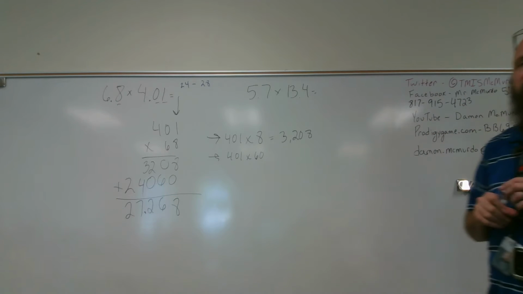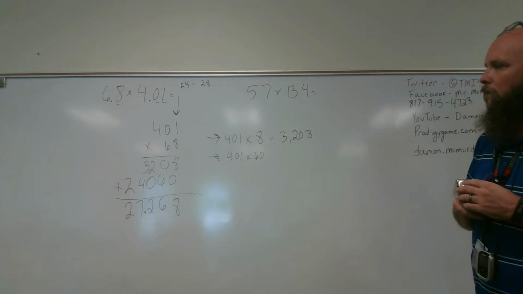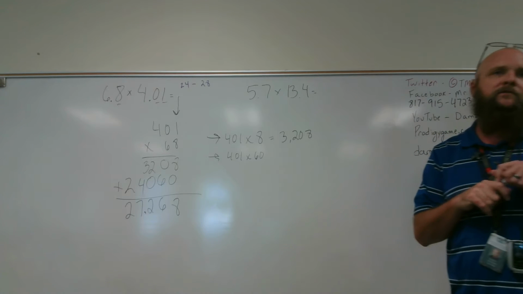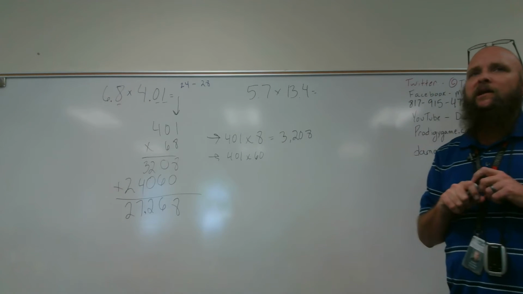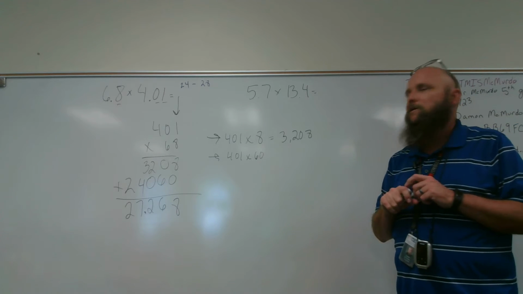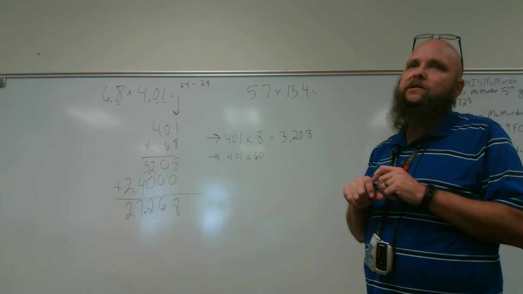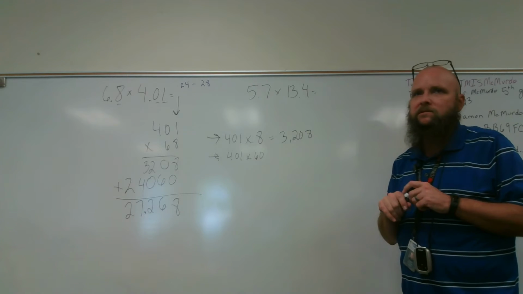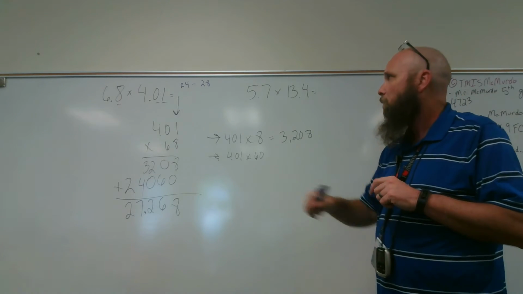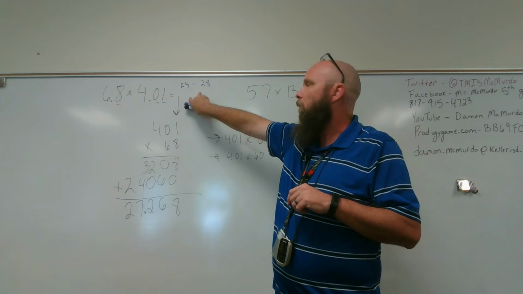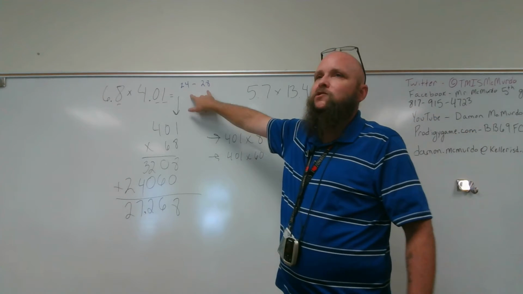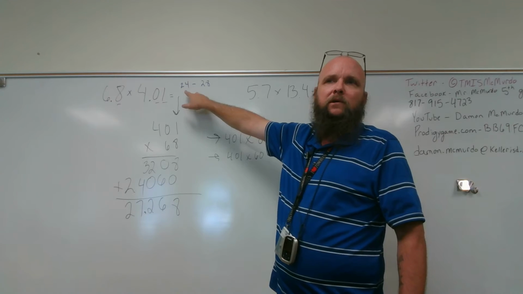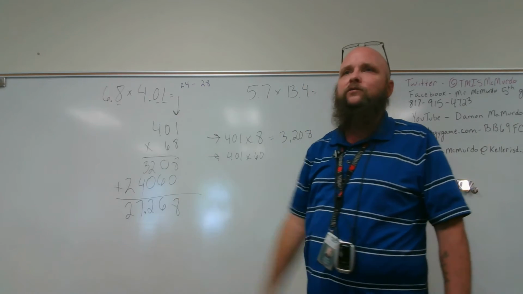So as long as I did my math correctly, and I don't always, so please watch. 27 and 268 thousandths. That fits with our estimate. That's between 24 and 28.